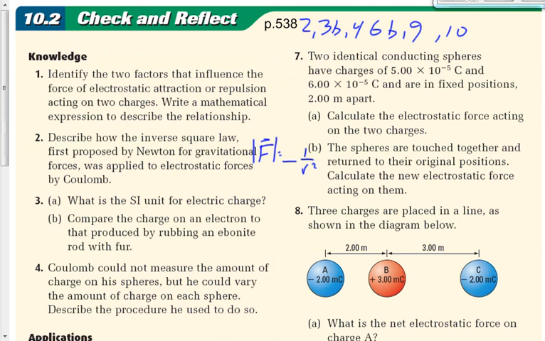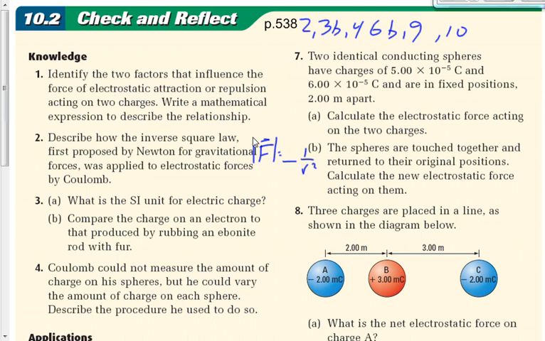So how does Coulomb apply the inverse square law first proposed by Newton for gravitation to electrostatic forces? Well, my interpretation of this question is simply to say that he recognized that charges are analogous to mass. When we're talking about electricity, there's a force between charges, just as there's a gravitational force between 2 masses.